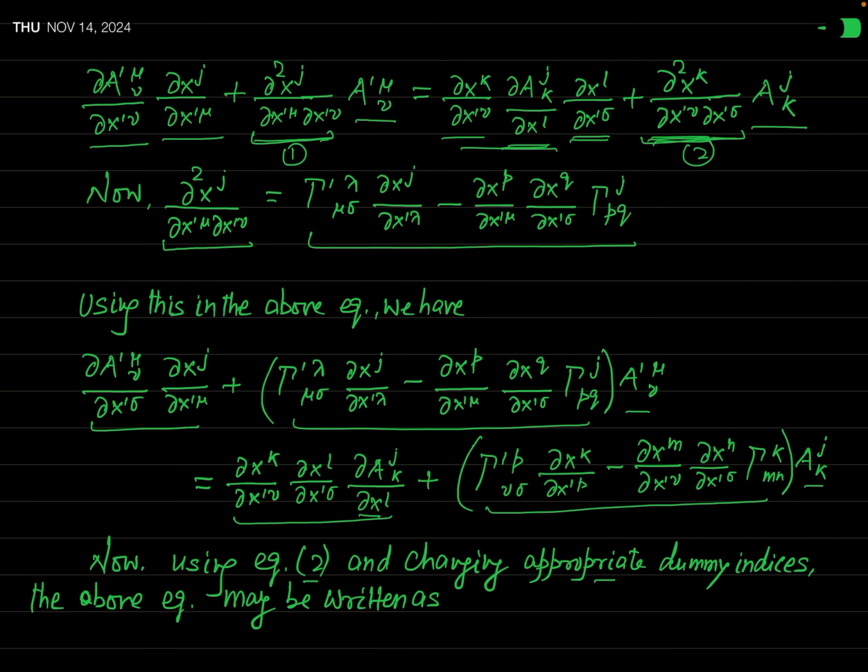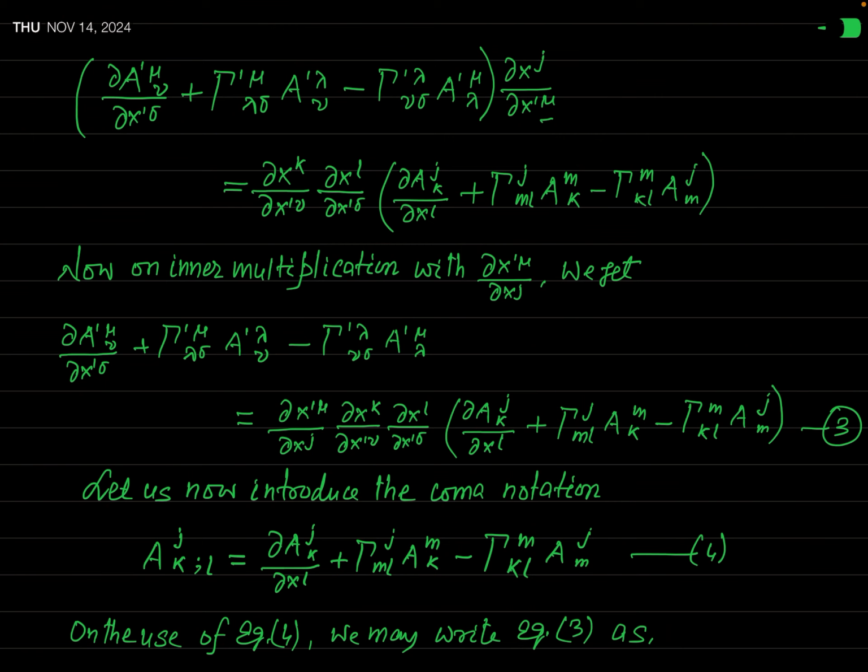In this condition, in LHS, in both terms, del xj by del x prime lambda will now be written with del x prime mu. So you can see this will be just a common factor, and the remaining terms will be like this.